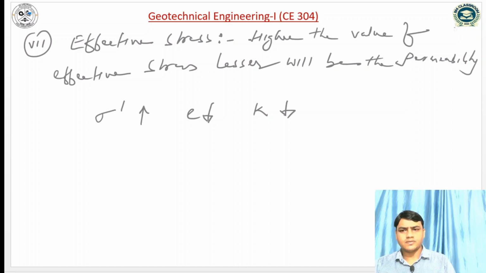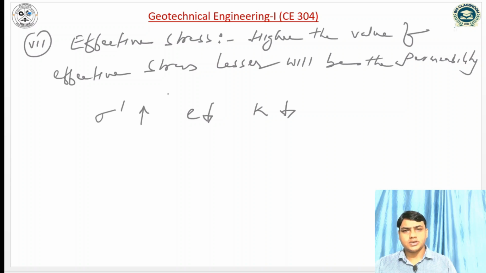So these are the various factors I have discussed. The first one is particle size: the coefficient of permeability is directly proportional to the square of particle size. Second is Taylor's void ratio: K is directly proportional to e cubed by 1 plus e. Third is temperature and viscosity: the coefficient of permeability is directly proportional to the unit weight and inversely proportional to the viscosity of the fluid.